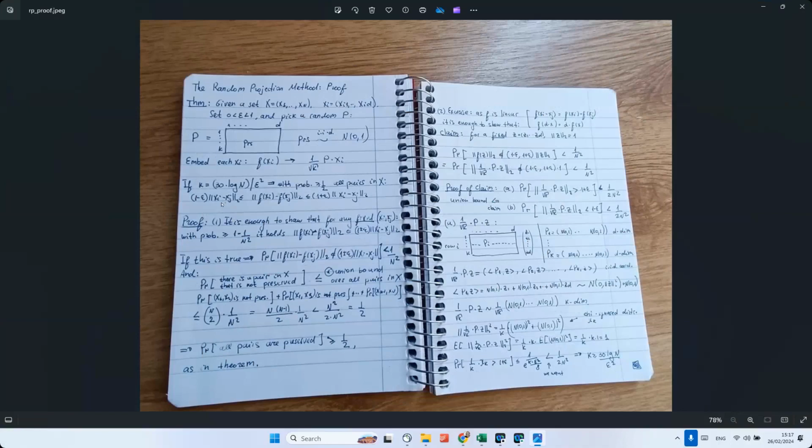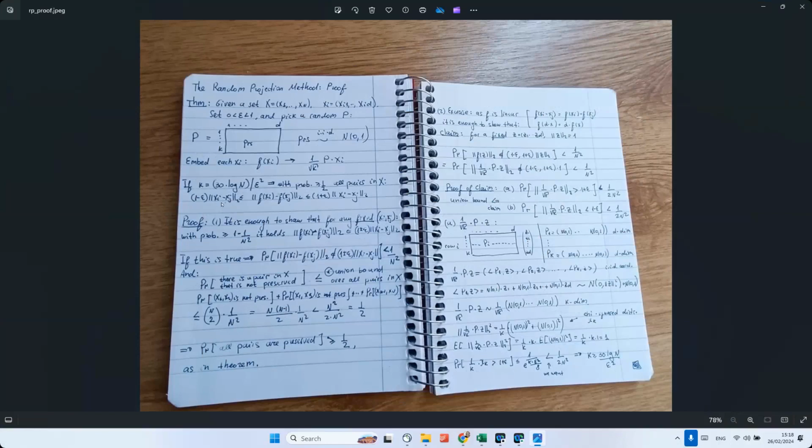Either the first pair is not preserved, or the second pair, or the third, going over each one of the pairs in X. It's a finite set. So the probability that there is some pair in X which is not preserved is at most the sum over all pairs that this pair is not preserved. And we assumed that the probability that some pair is not preserved is smaller than 1 over n squared.